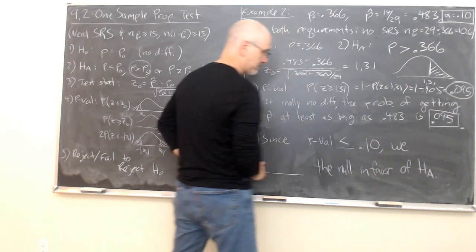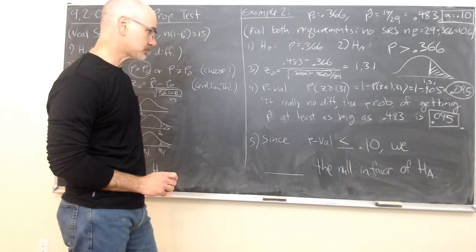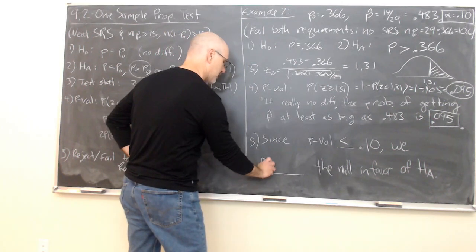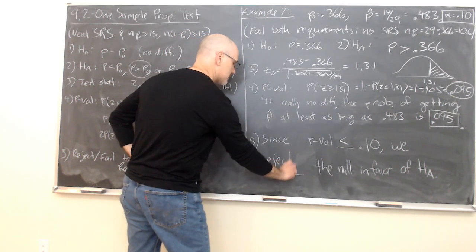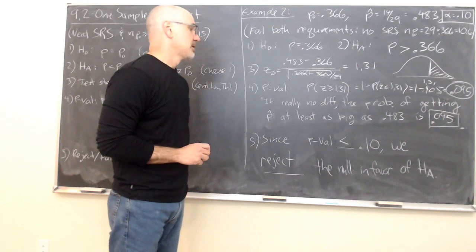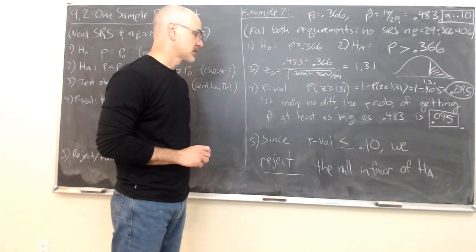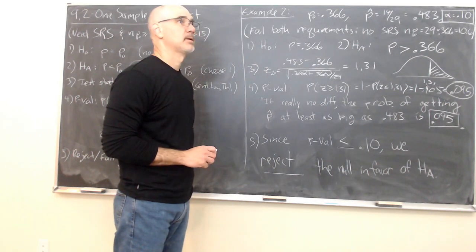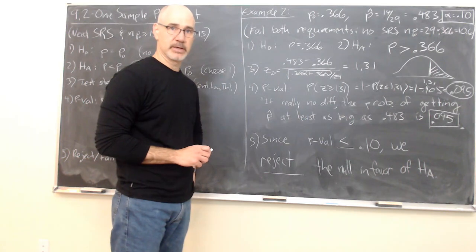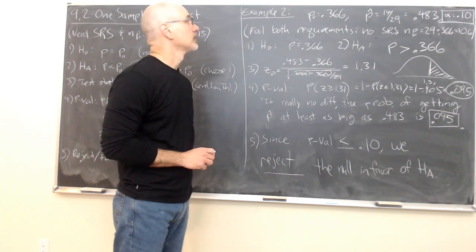That's less than 0.10. And because it's less than 0.10, we are going to reject the null, that there's no difference, in favor of the alternative that BSc students are slightly more likely to be Democrats than in the state at large.